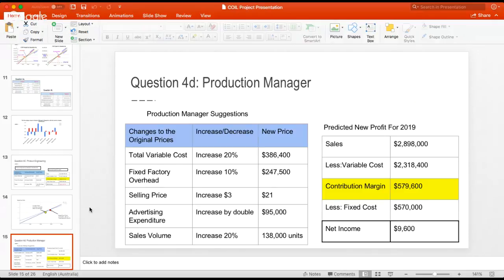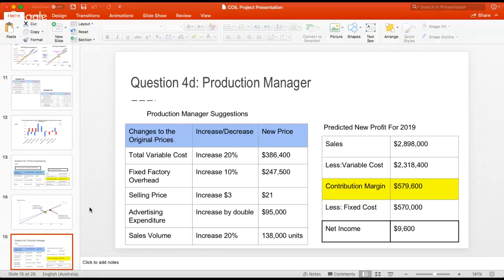The product manager has also suggested that if we increase the quality of the flash drives, this would increase the sales volume and also the selling price. But in doing so, it also increases our total variable costs, our factory overhead, and our advertising expenditures.